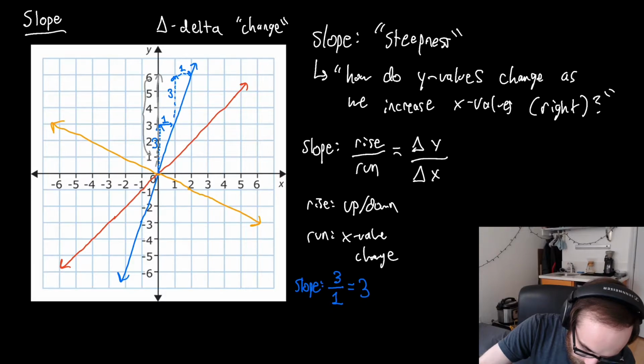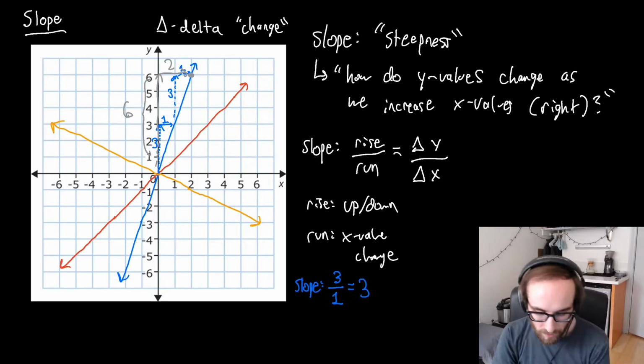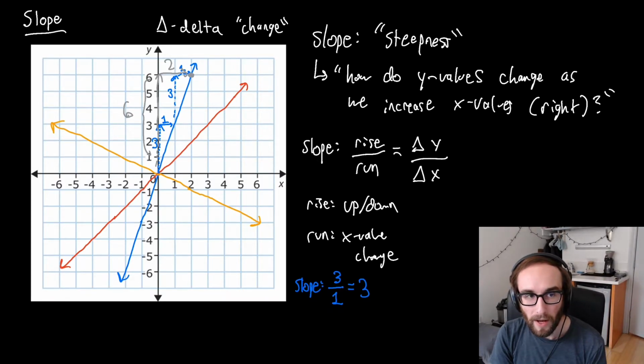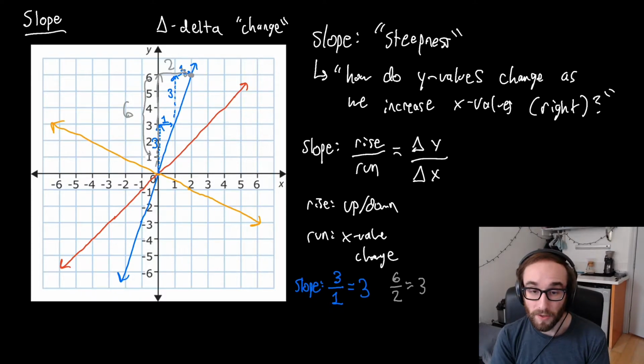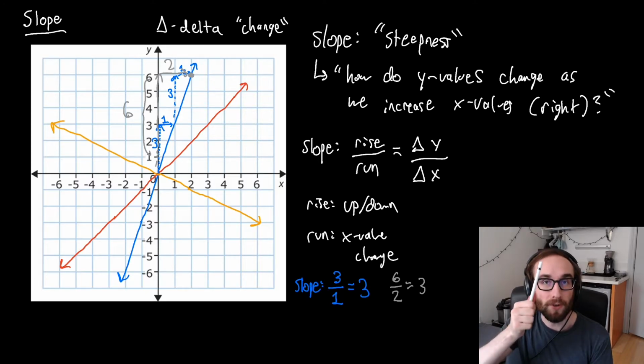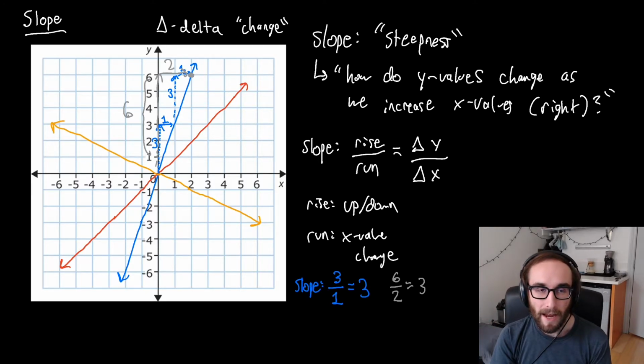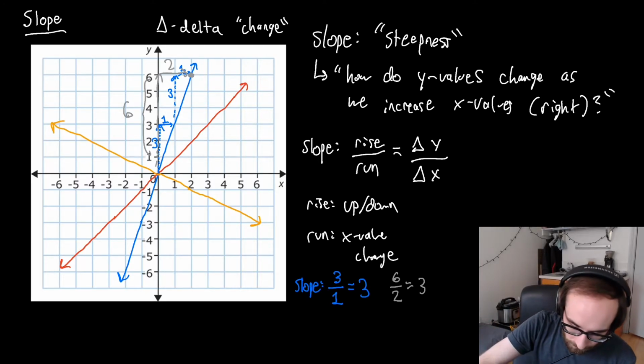So here we went up 6, to the right 2. So we went from 0, 0 to this point over here, 2, 6. We have a vertical change of 6, a horizontal change of 2, which gives us the same value for the slope, 3. So any 2 points that we choose on our graph, we could look at the change in y divided by the change in x, and then use that to find the slope.